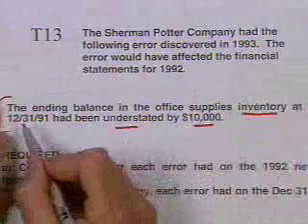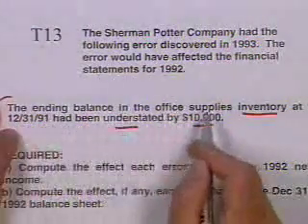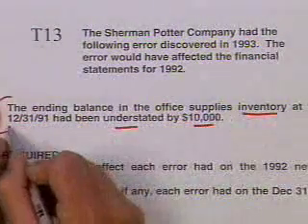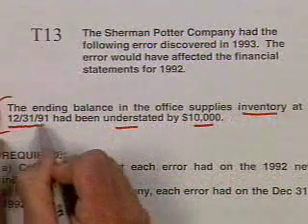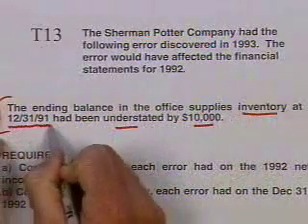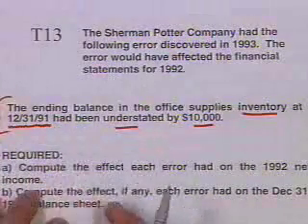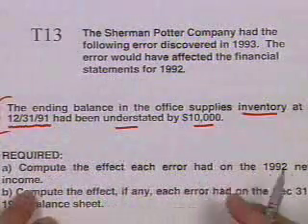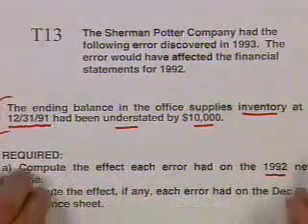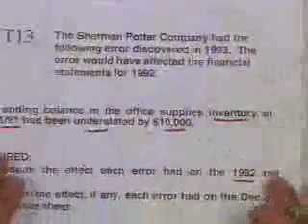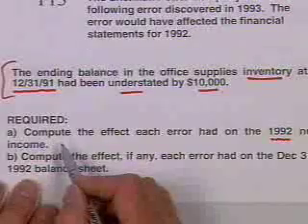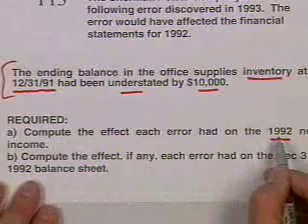Notice here that the ending balance inventory as of 12/31/91, the year 91. Now, required, compute the effect each error had on the 1992 net income. So question number 1 is, what's the effect on 1992's net income?